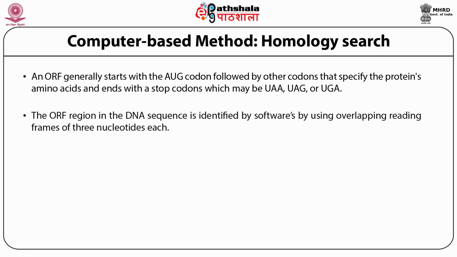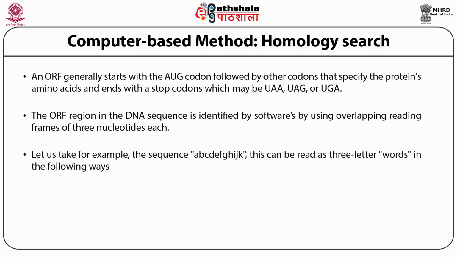The ORF region in the DNA sequence is identified by softwares by using overlapping reading frames of 3 nucleotides each. Let us take, for example, the sequence ABCDEFGHIJK, which can be read as 3-letter words in the following ways: ABC, DEF, GHI, or BCD, EFG, HIJ, or CDE, FGH, IJK.